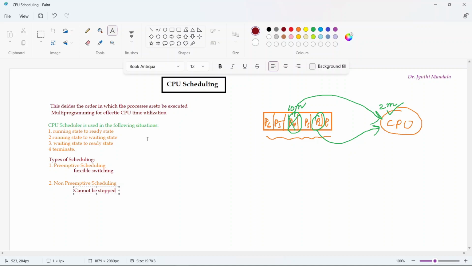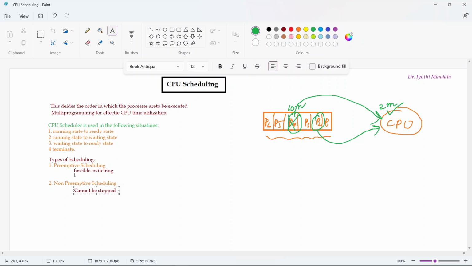Now under the preemptive scheduling algorithms, in our lecture series we will be learning about 3 types of scheduling algorithms. Just make a note of those. In future classes we are going to learn in detail about all these scheduling algorithms.